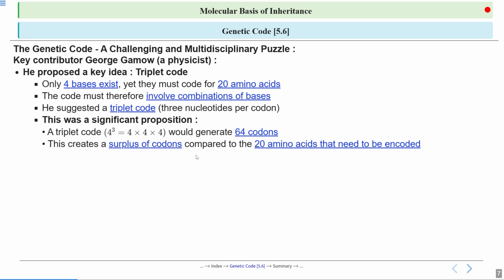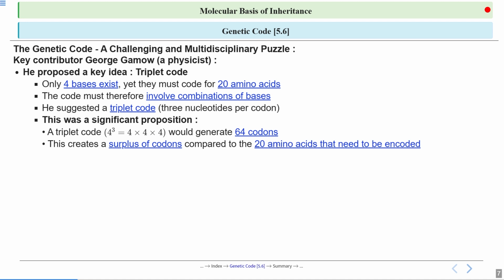But here you need to understand that he proposed that there will be a combination of bases, and he suggested a triplet code, means 3 nucleotides per codon. And this would generate how many codons? 64 codons. Why? Because it will be 4 into 4 into 4, and 4 into 4 into 4 is 64. This creates a surplus of codons compared to the 20 amino acids that need to be encoded.